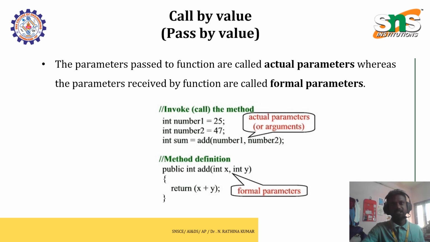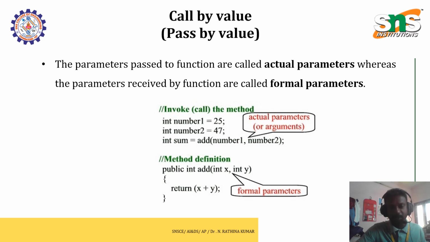Functions can be invoked in two ways: one is call by value and another is call by reference. These two ways are generally differentiated by the type of values passed as parameters. The parameters passed to the functions are called actual parameters, whereas the parameters received by the functions are called formal parameters.